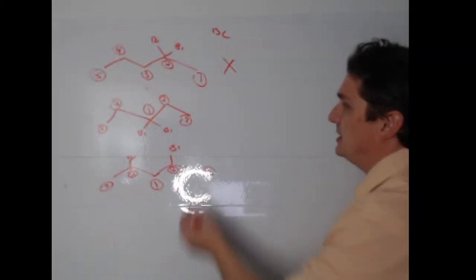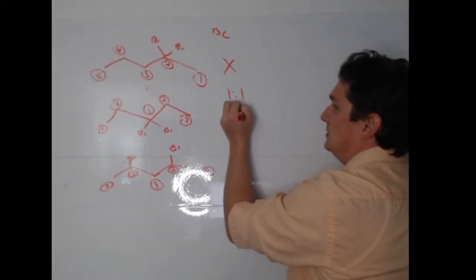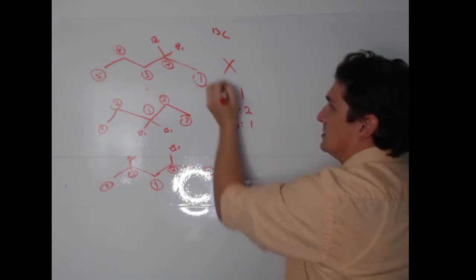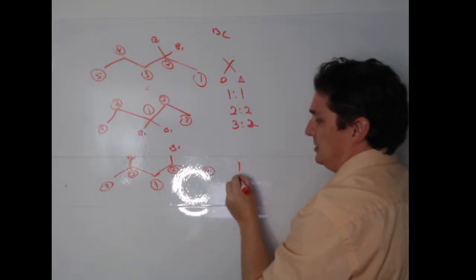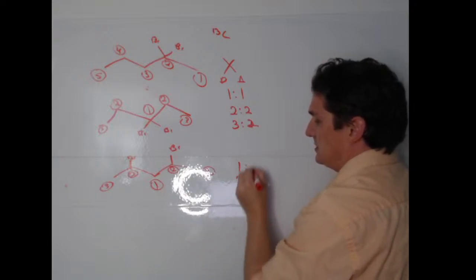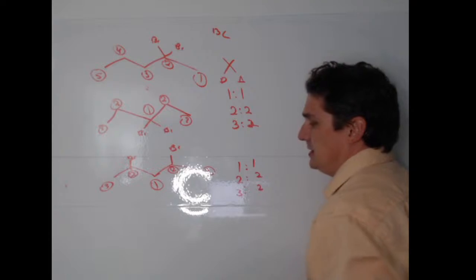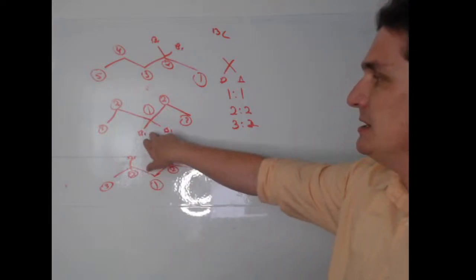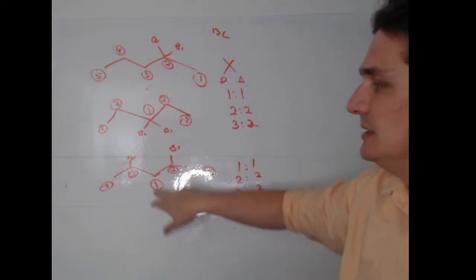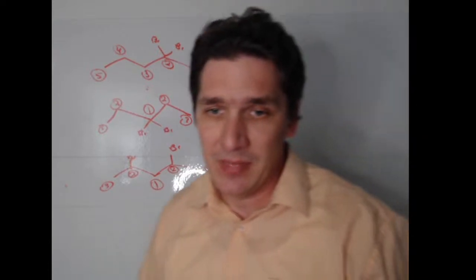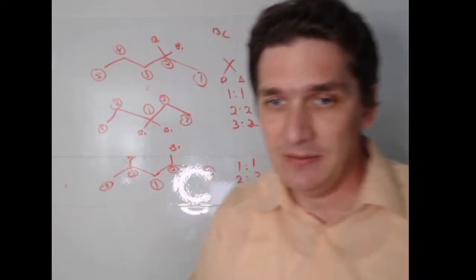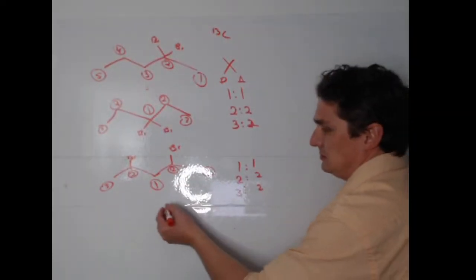Now, I've got to consider the areas. So for my peak versus area, we'd have peaks 1, 2, and 3, with areas of 1, 2, and 2. Still works, but here's the thing. With this one, I expect 1 to be the most deshielded. I expect 2 to be the most deshielded here. And when I look at the spectrum, that area of 1 is at 56.2.